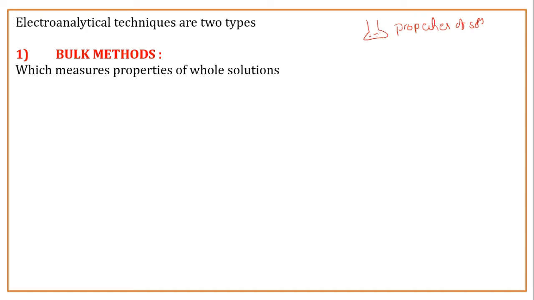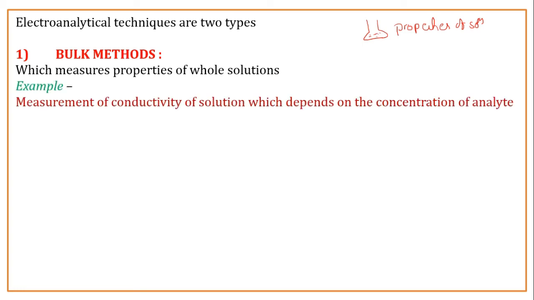For example, if you want to measure conductivity, we measure the conductivity of this complete solution. So an example is measurement of conductivity of a solution, which depends on the concentration of analytes.